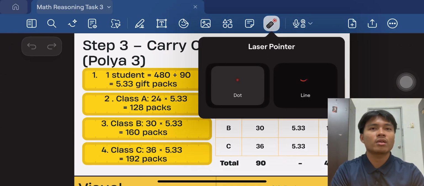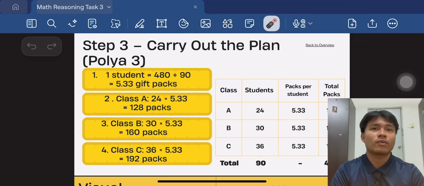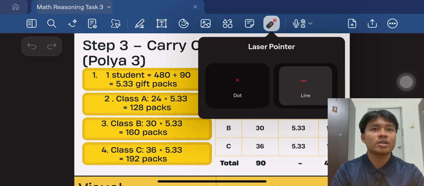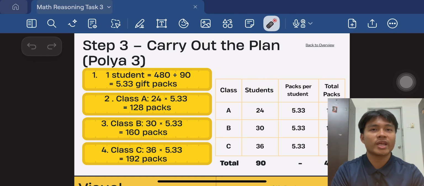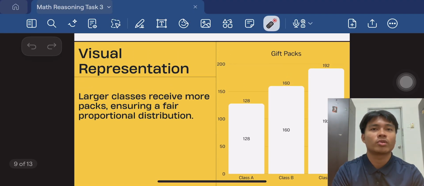If we add them all together, 128 plus 160 and 192, we get 480. Perfect. Everything adds up directly. So to make this clear, here's the bar graph showing how the gift packs are distributed.